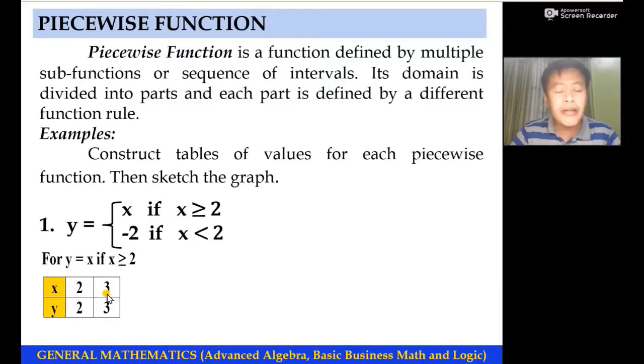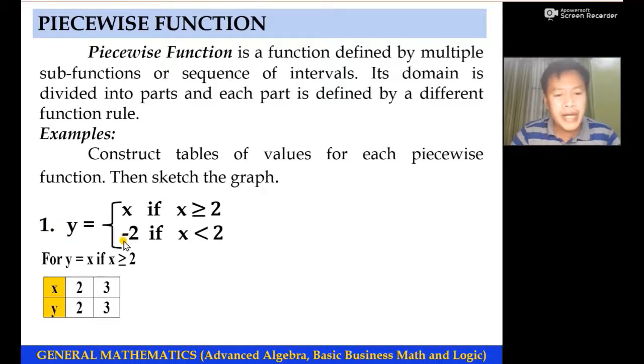But take note, you need only 2 points to sketch the graph of a line. Therefore, if x is equal to 2, y is equal to 2 because this is an identity function. The prerequisite of sketching the graph of a piecewise function is to be acquainted with the basic functions that we have already discussed. So if x is equal to 3, y is equal to 3.